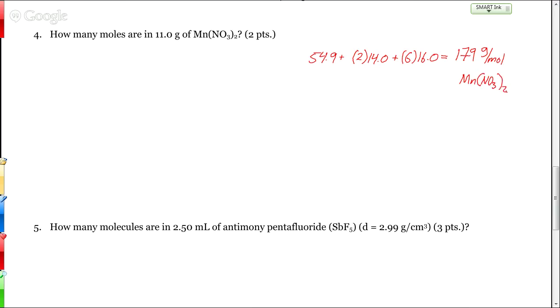All right. So then we can put that in to solve for moles. So we've got 11.0 grams, and we want to go from grams to moles. So we're going to use that number, 179 grams per 1 mole.